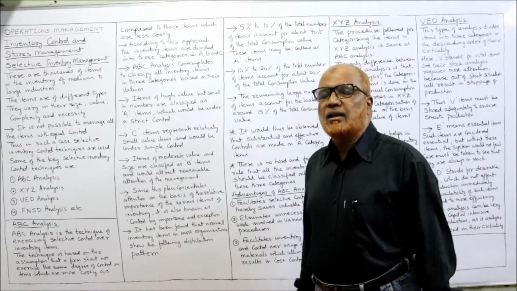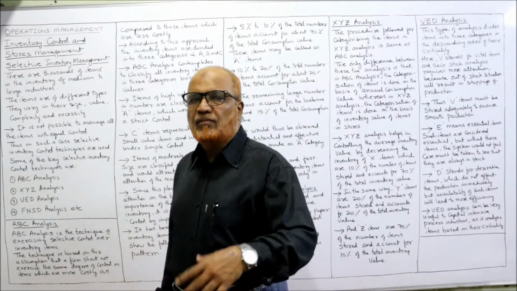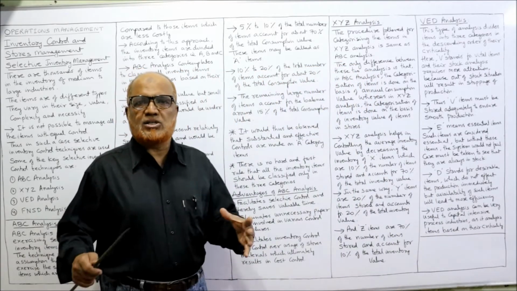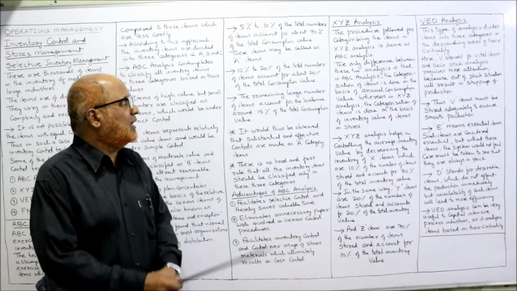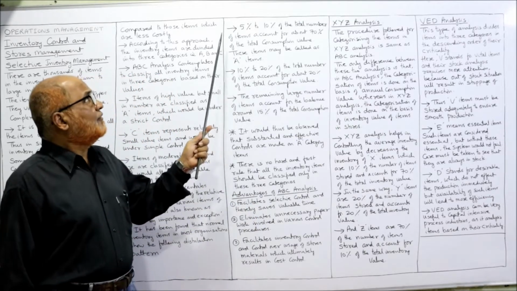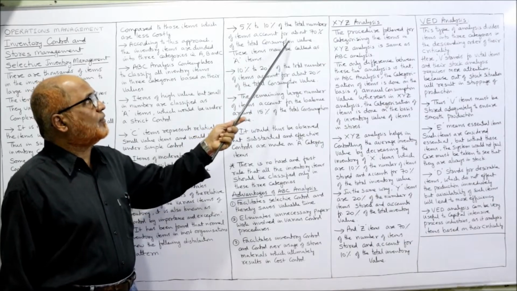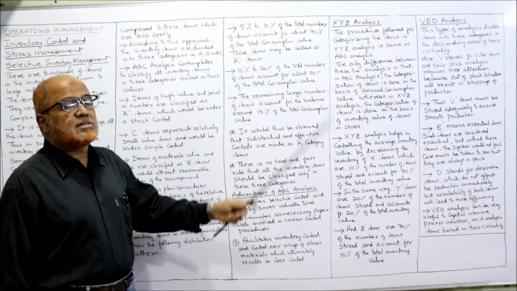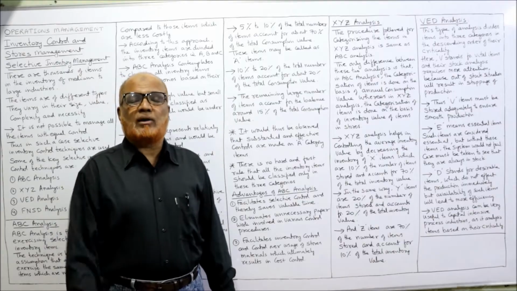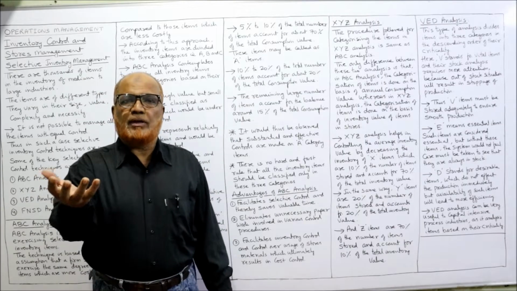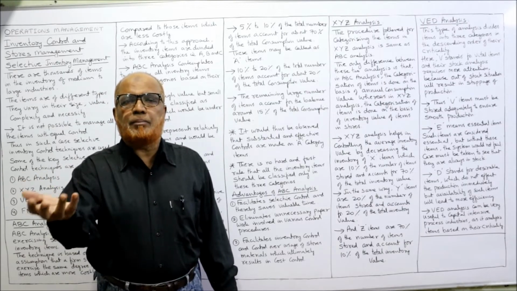Then it has been found that normal inventory items in most organizations show the following distribution pattern. If we study a number of industries, we will find out the categorization or pattern of value of inventory like this. 5% to 10% of the total number of items accounted for about 70% of the total consumption value. We are consuming, we are using the material in production.